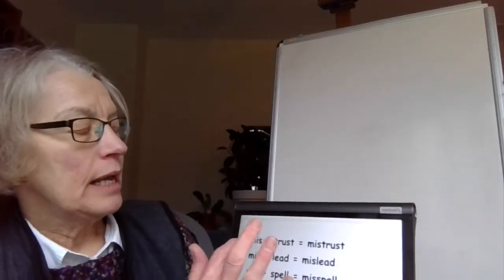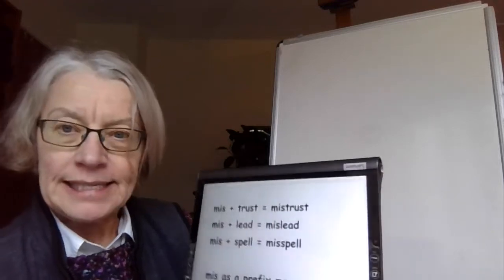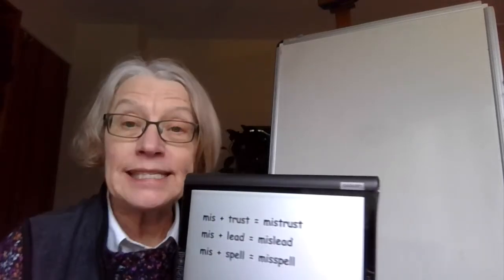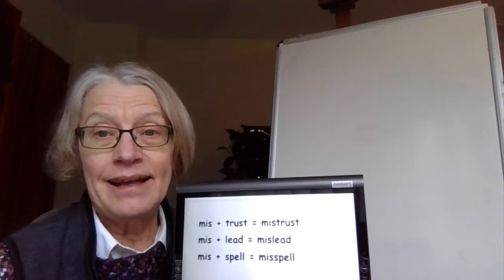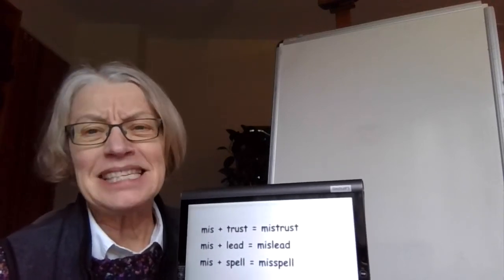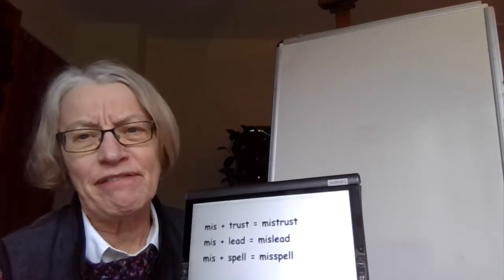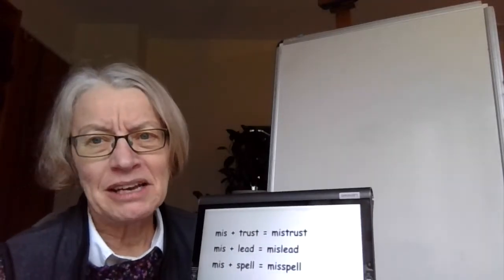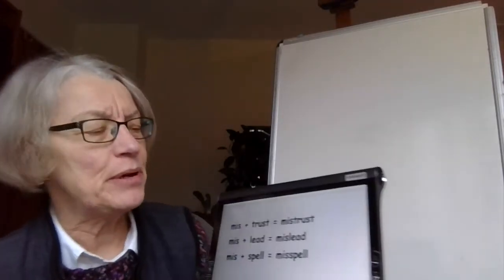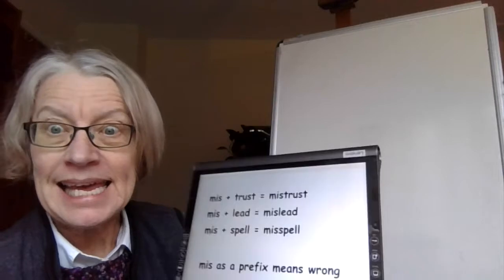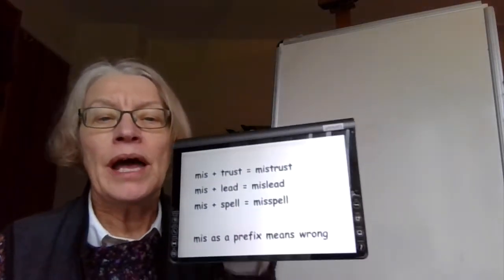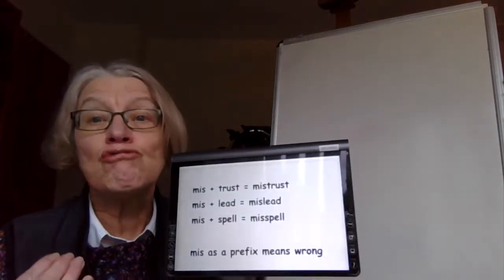So mistrust means that you put your trust in something, but it's not justified. You shouldn't do it. You don't really trust that person. Mislead means that you tell somebody something that's wrong.